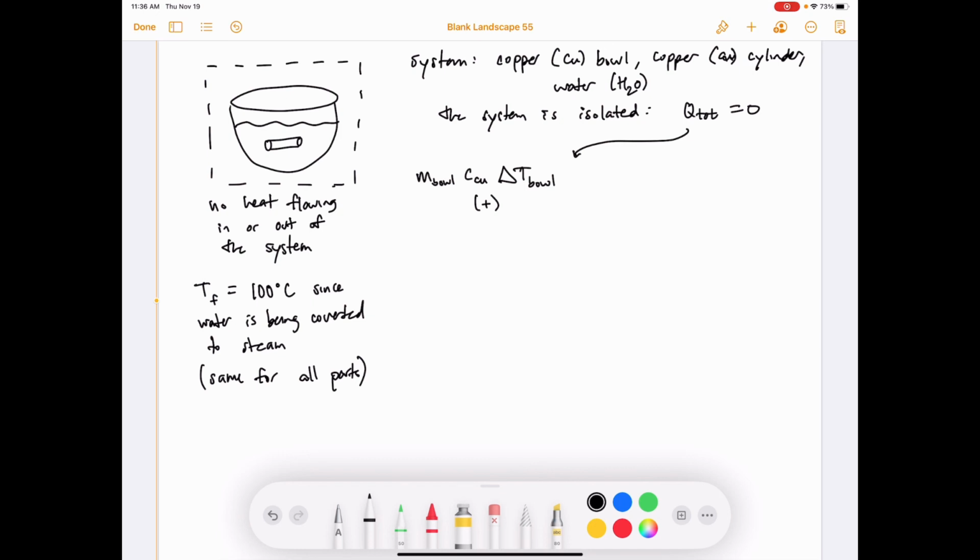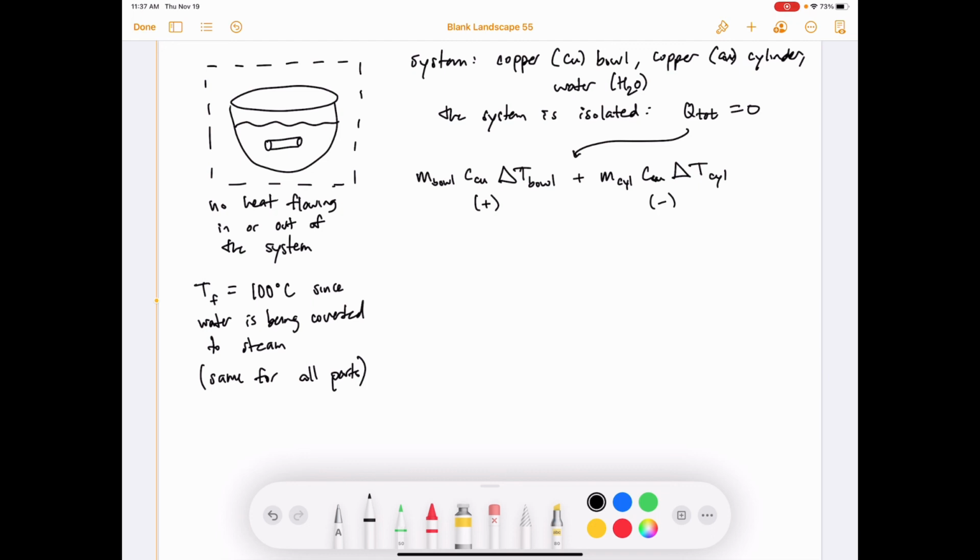We also have the cylinder, okay? The cylinder has a mass, which I'll call M cylinder. It's made of copper, so the specific heat is actually the same. And the temperature change of the cylinder goes here. Now the cylinder starts off really, really hot, and then it cools off. So this will be a negative heat for the cylinder.